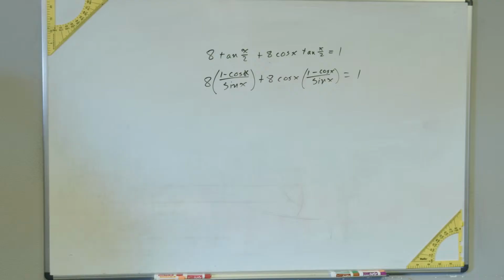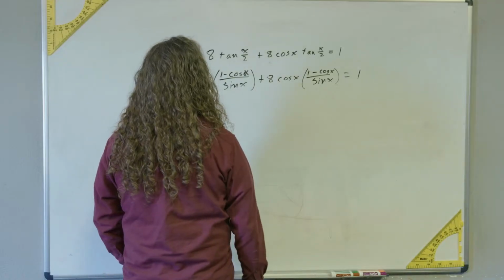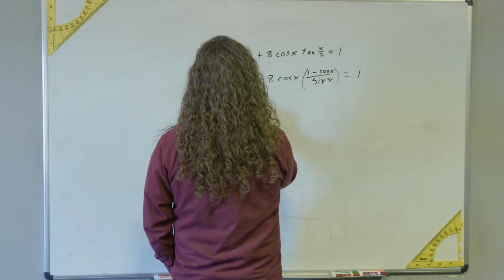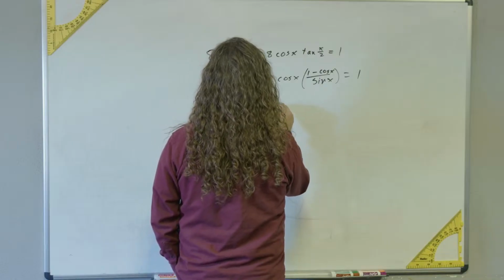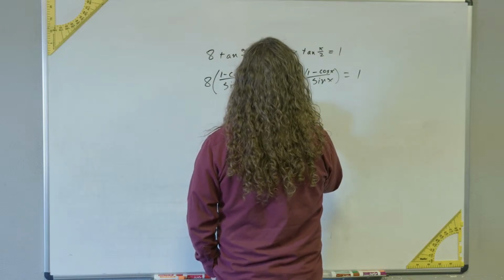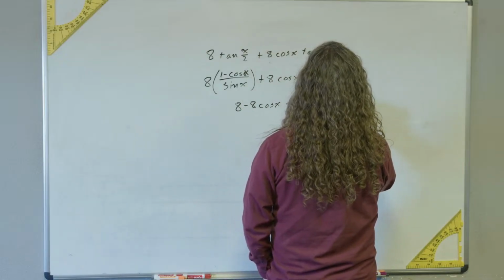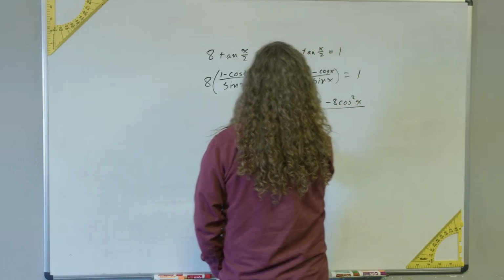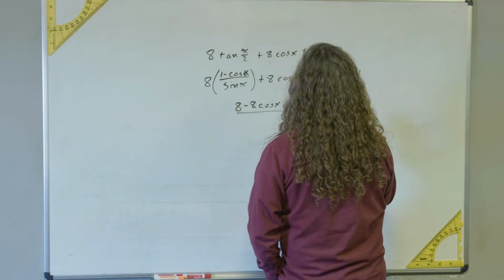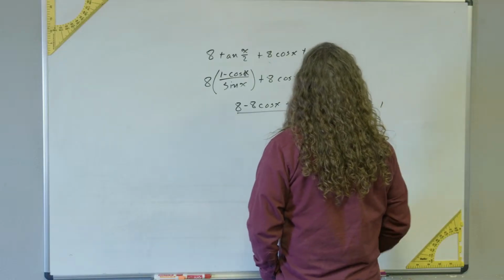That one, you can put cotangent back in if you feel like it. 8 minus 8 cosine x plus 8 cosine x minus 8 cosine squared x, all over sine x, equals 1.